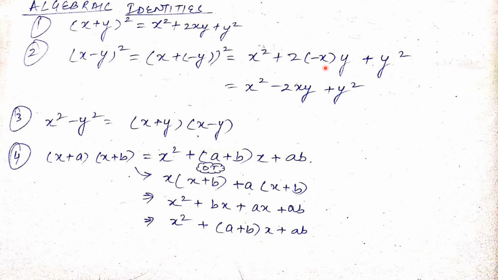Plus, this should be (minus y) whole square. This should be (minus y) whole square, because minus whole square is plus only, that is why it became plus. And here we have only one negative sign, that is why we have got negative. That is why we use this formula for this. So this is a simple derivation of the formula.